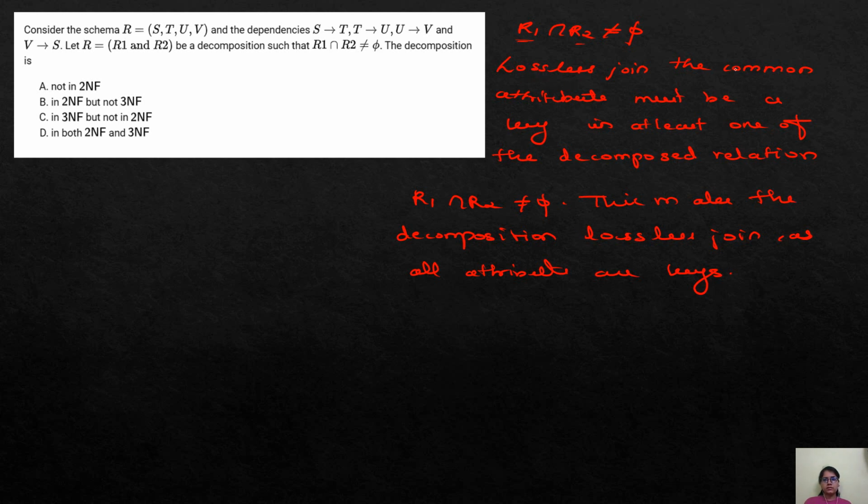For the lossless join, the common attribute should be a key. So this is the condition, and if all are keys, then definitely it is in BCNF, and if it is in BCNF, then it is already in 2NF and 3NF. So that's why option D is correct. I hope you understand this question.